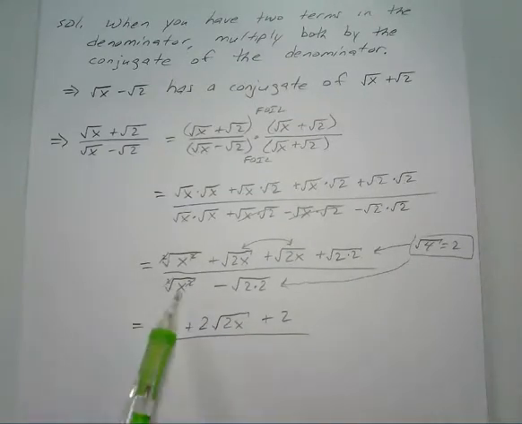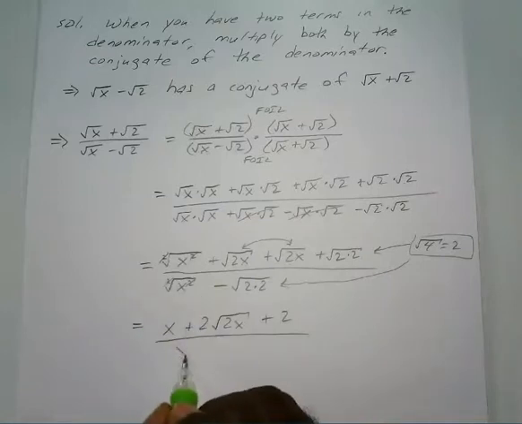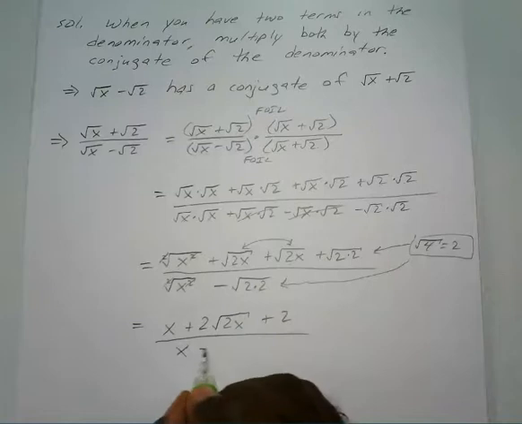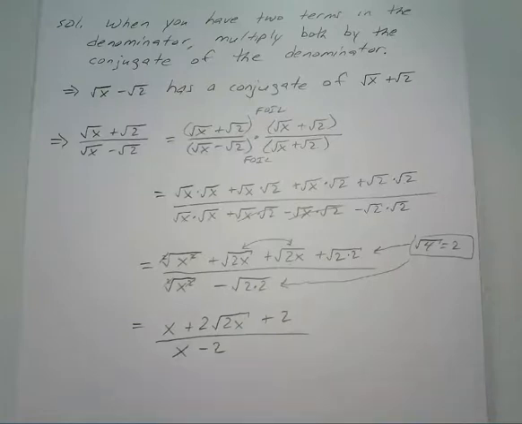So those two cancel out. That just leaves you with x minus square root of 4, which is 2. So x minus 2. Okay. Now this one can't be simplified anymore. So this is now your final answer.